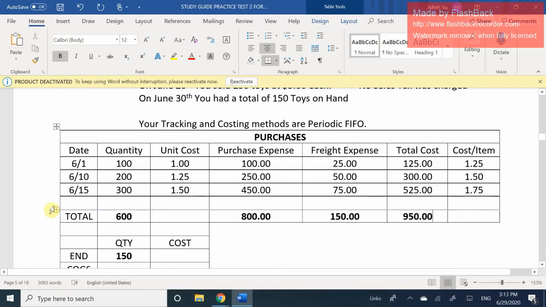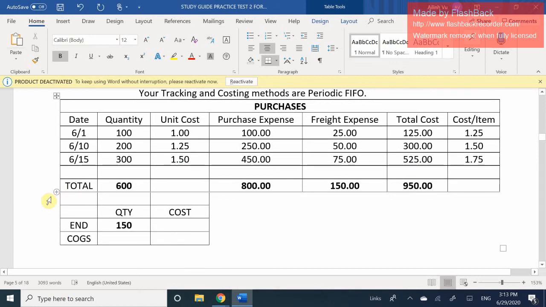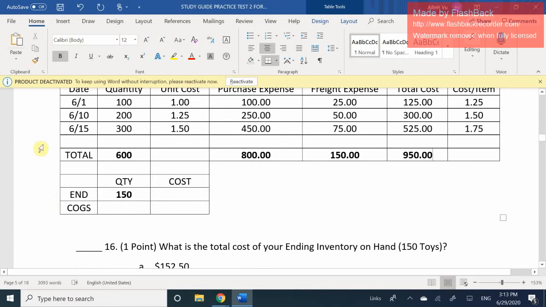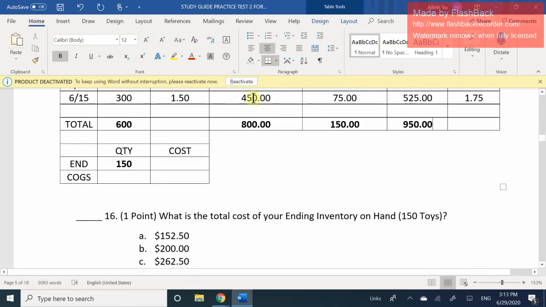So yes, this time when we're calculating our cost of goods sold, it will be different. Okay, so now that we have the ending balances, we don't really need all the information above, we just need our ending balances. So what is our total cost of goods sold? 450.